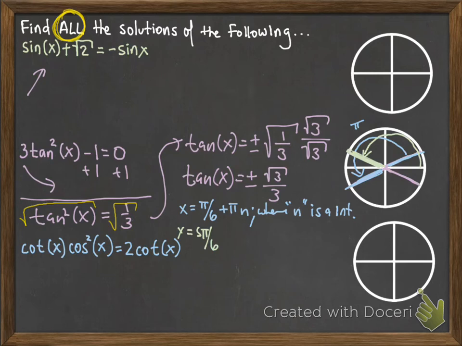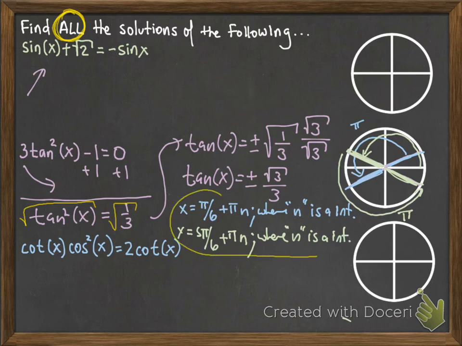So 5 pi over 6 is going to give us that first value that's going to satisfy that equation. And when I go around here, this is going to be another pi distance halfway around the unit circle that is going to satisfy this thing. So it's going to be plus pi n, where n is an integer.